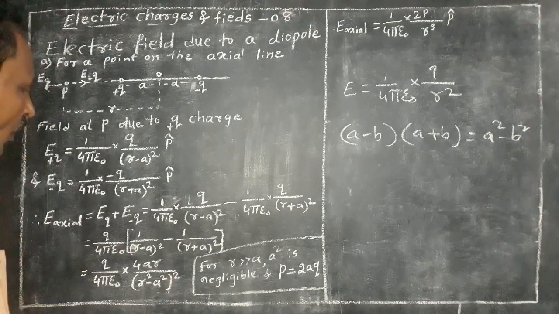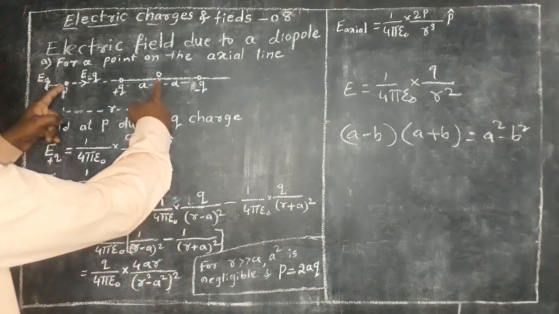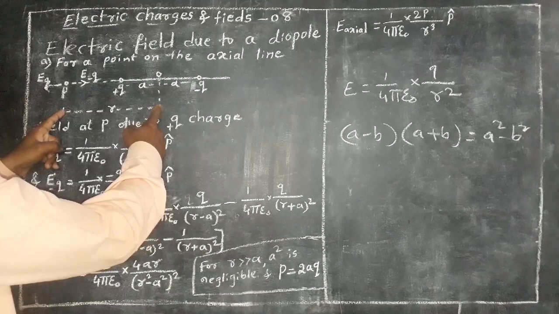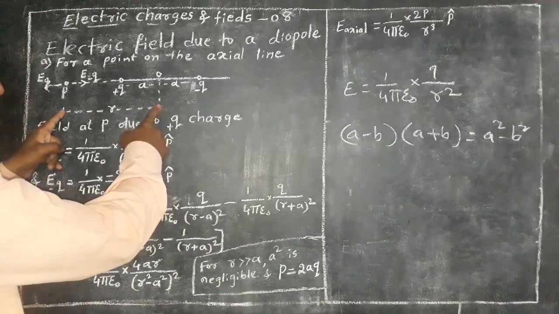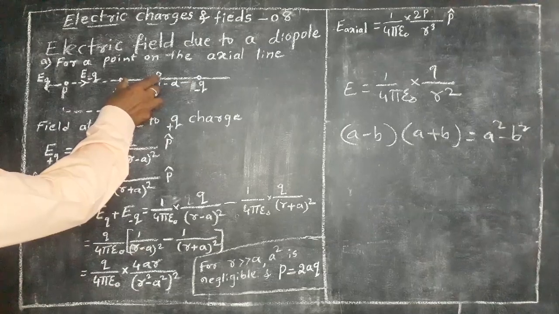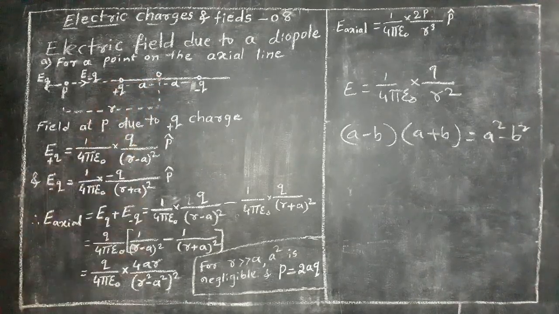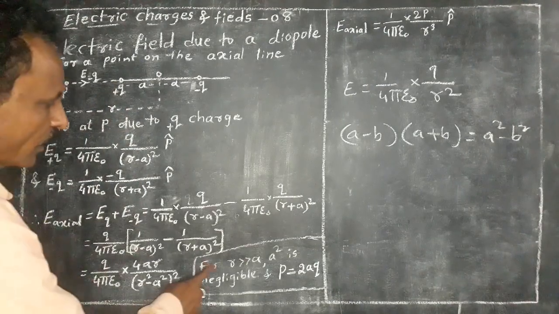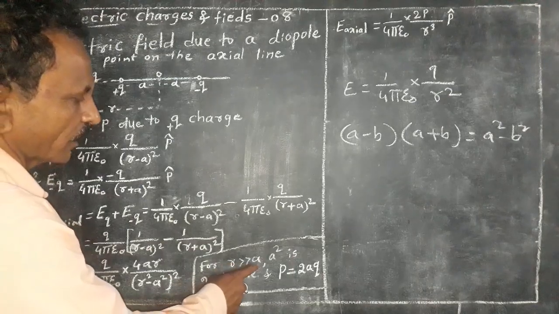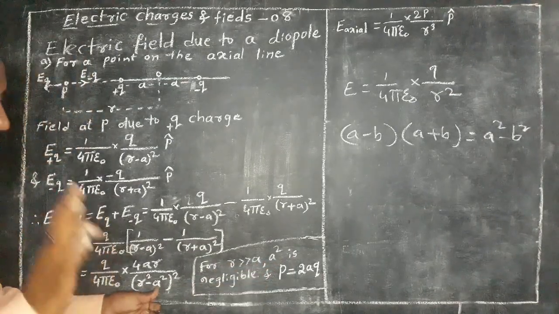And for R, the distance of the point from the midpoint, if it is very large compared to the semi-dipole length A, then A square is again small. Hence, for R very much greater than A, A square in the denominator is neglected.